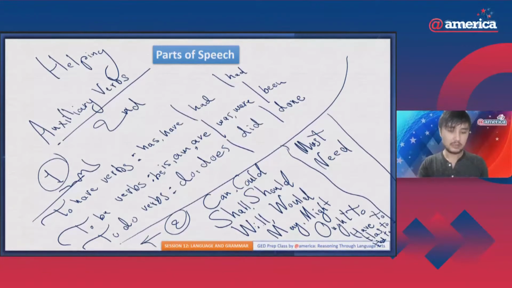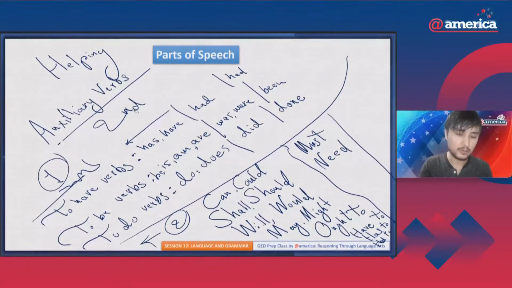Cool. So now, if you want to use to have verbs for the present tenses, it doesn't really matter which tense it is. If you want to use to have verbs as auxiliary verbs, we use the present one for the present. But by the way, for simple tenses, we do not use auxiliary verbs, right?